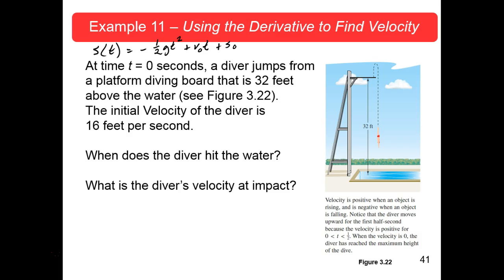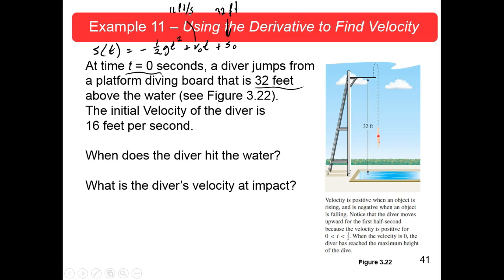Now, let's identify from what we're given here. At time t equals 0 seconds, the diver jumps from a platform, a diving board that is 32 feet above the water. So at time t equals 0, he's 32 feet above the water. That's the initial displacement, 32 feet. The initial velocity of the diver is 16 feet per second. So that's your v0, 16 feet per second.